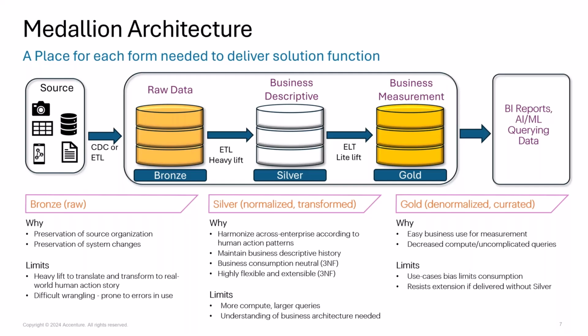But it's also inflexible in terms of consumption because the denormalizations and rules baked into its information really limit it to the use cases that drove it. And it can be very resistant to extension and modification if not part of the kind of medallion architecture we're talking about today.